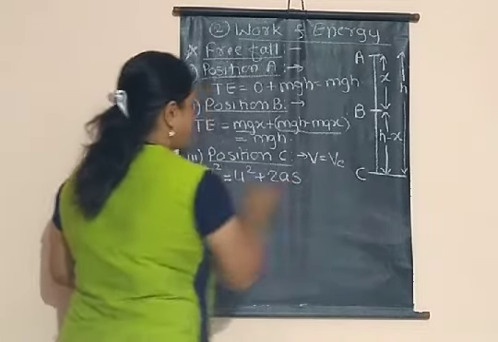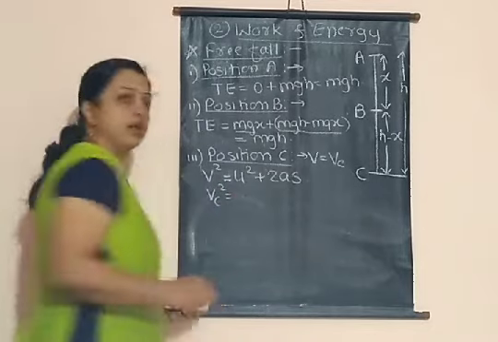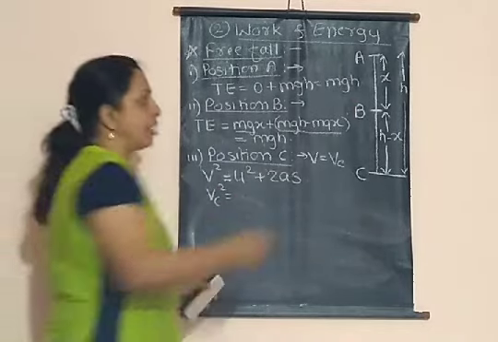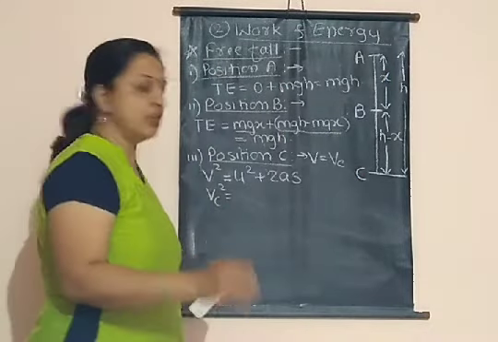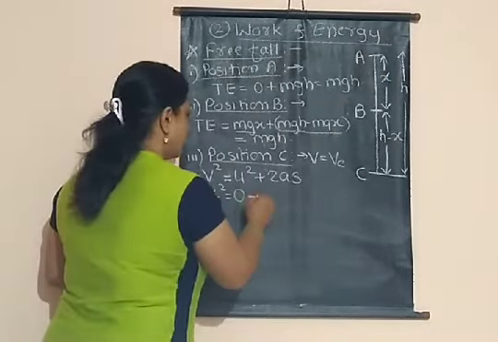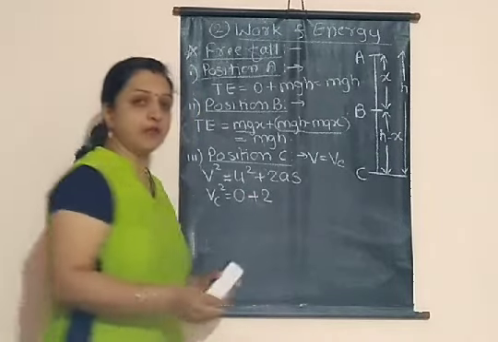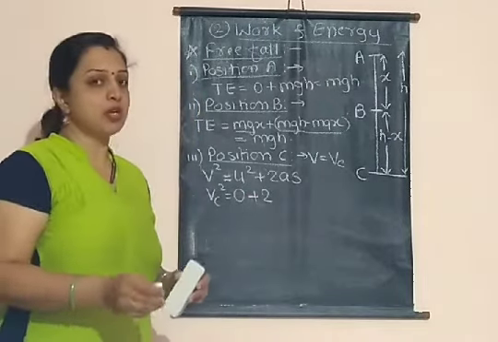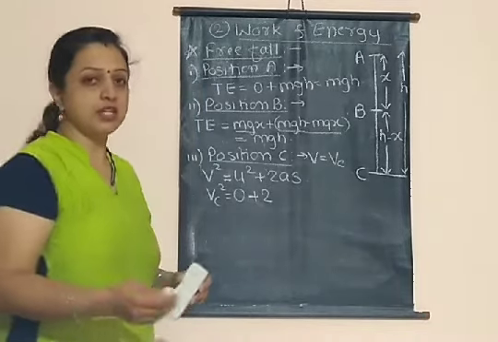Let us substitute the values in this formula. Substitute the value of v, that is vc. So vc square is equal to u, that means the initial velocity, and the object is initially at position A, which is at rest. So the initial velocity should be 0, plus twice a s. Instead of a we have to take g, because the object is falling under the influence of gravitational force.